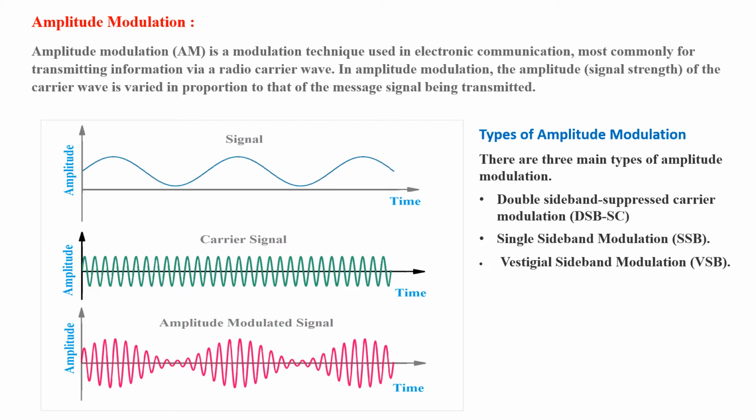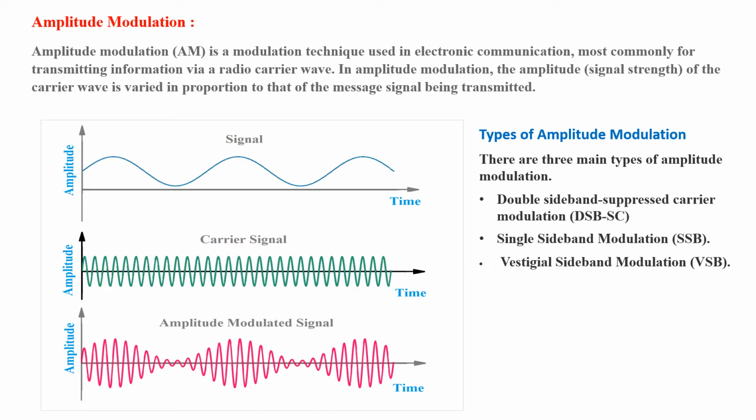Now, the first waveform shows the signal, that is the original information. The second waveform shows the carrier signal. Now both the signal and carrier signal are modulated together, and hence it produces an amplitude modulated signal.